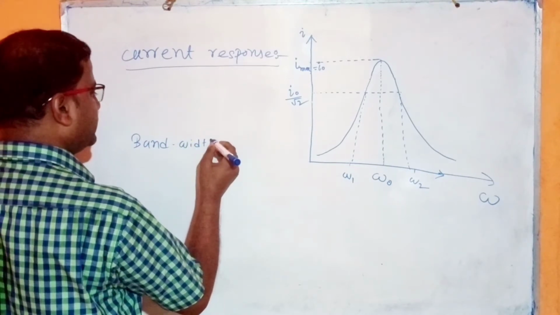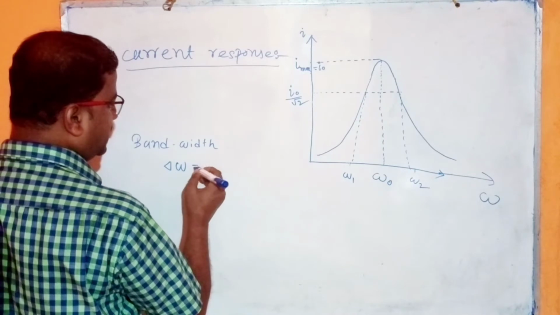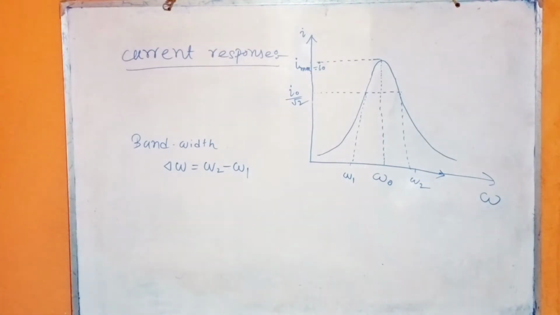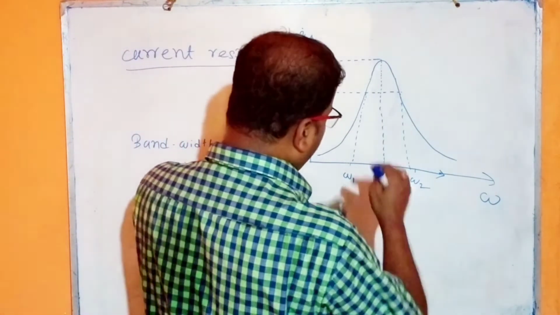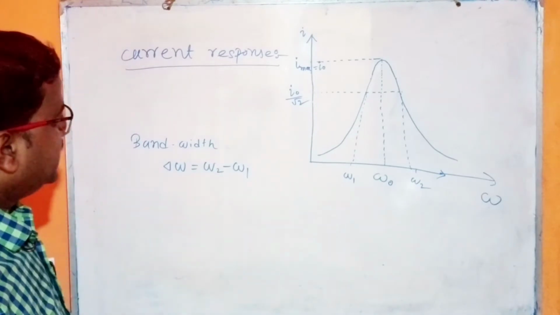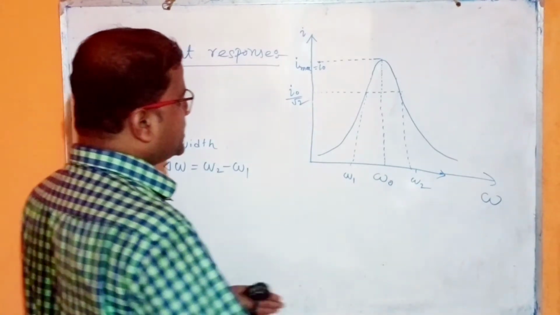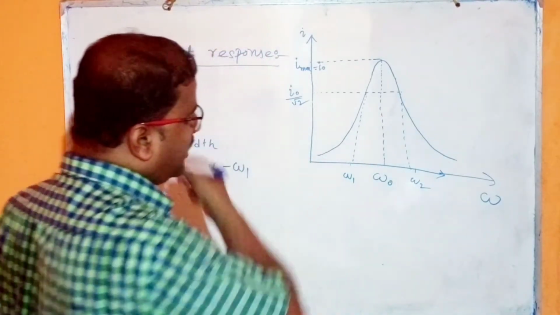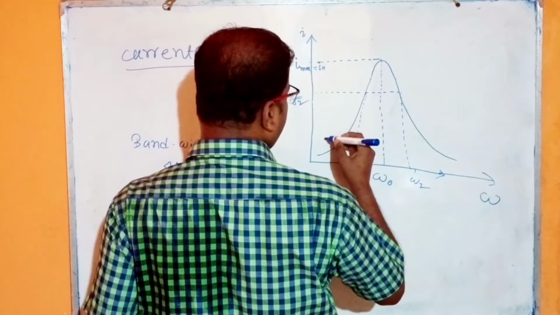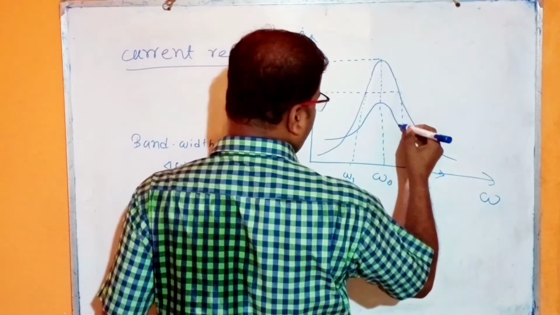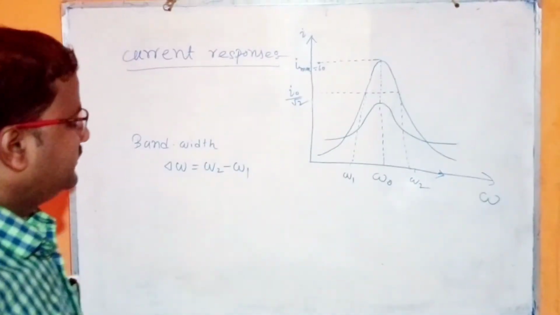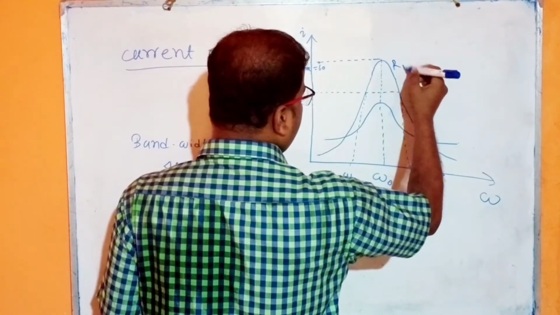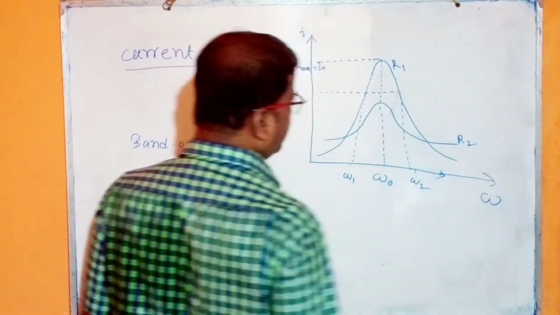Bandwidth delta omega equals omega 2 minus omega 1. If the bandwidth is small, then the current response curve is sharp. Now if we draw another curve, this curve is for R1 and this curve is for R2.